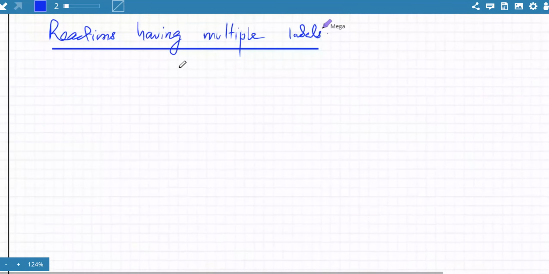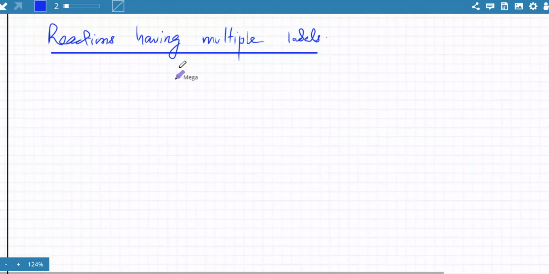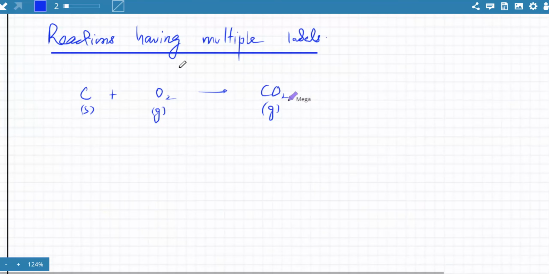One example is I have this reaction, carbon reacting with oxygen and producing carbon dioxide, at standard conditions. Now, the enthalpy change of this reaction, if I want to label it, I can call it the enthalpy of combustion of carbon. Why? Because in this reaction, 1 mole of carbon is burning in oxygen to produce carbon dioxide.